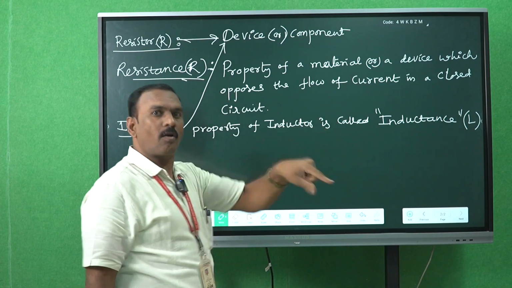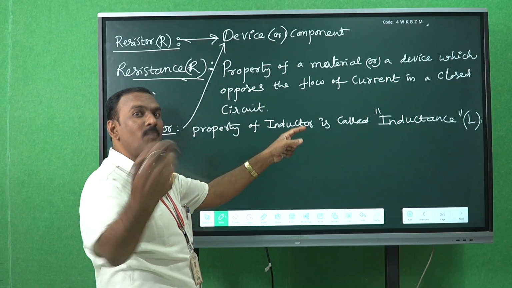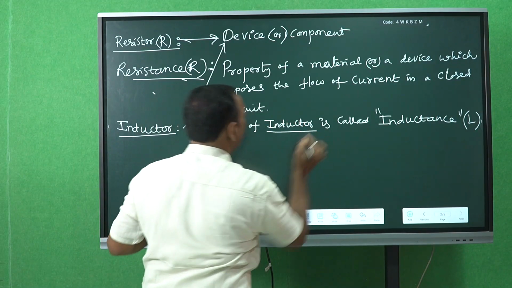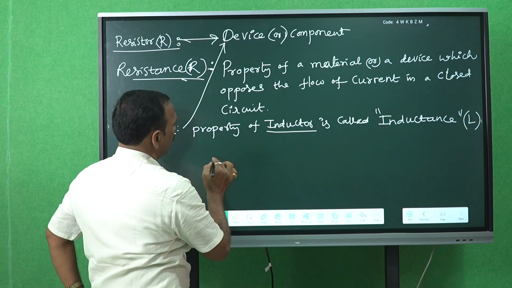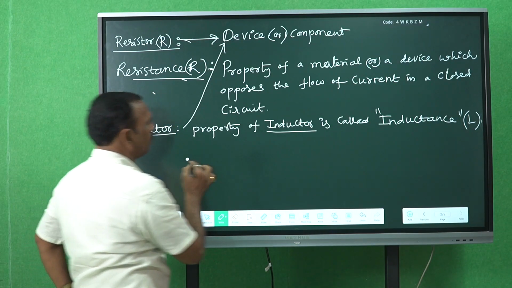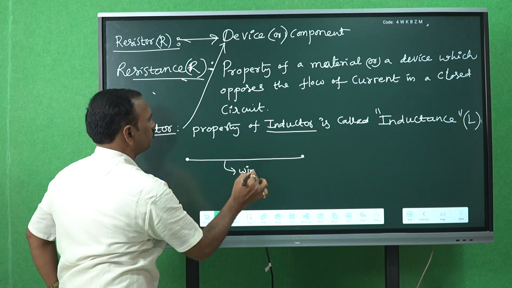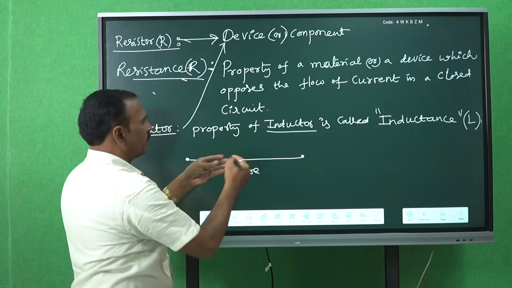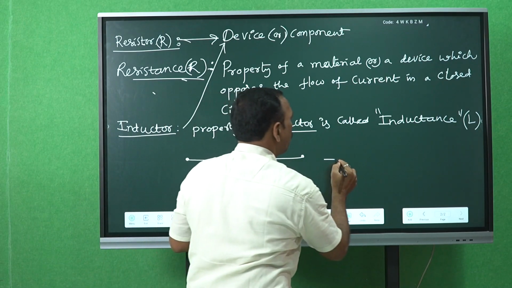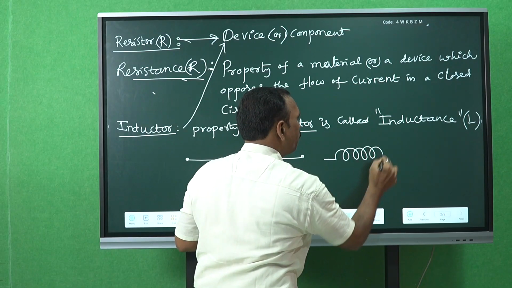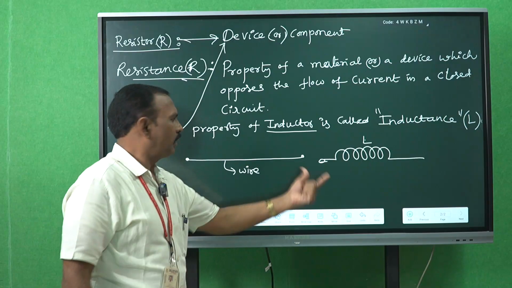What is that property? First, how is an inductor constructed or made up? It is also made up of copper material or some other material. For an inductor, we have to take a certain length of wire.